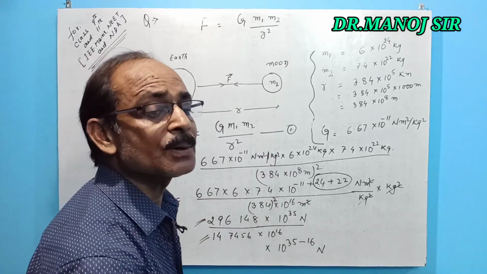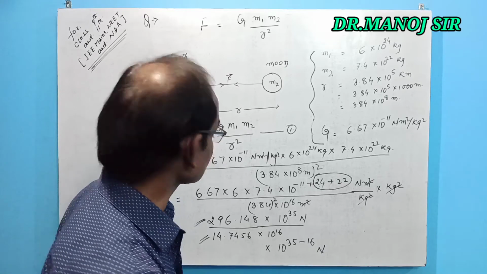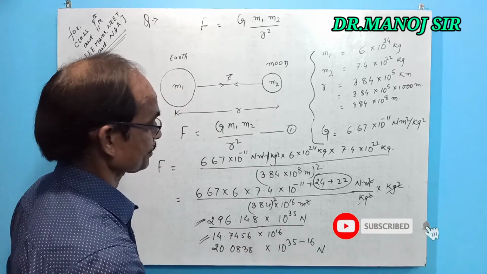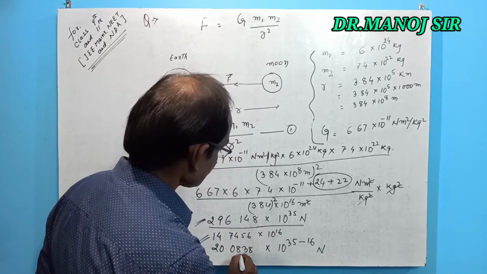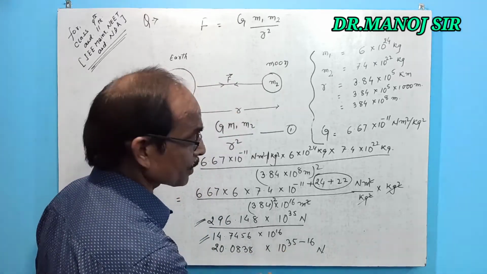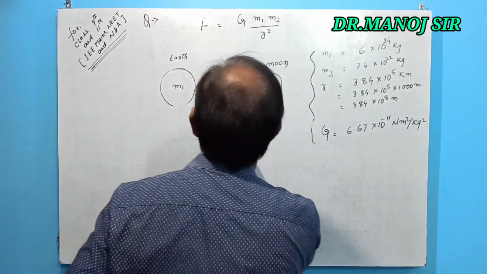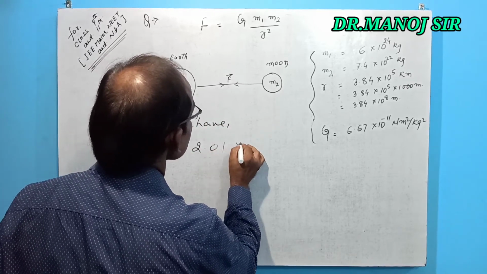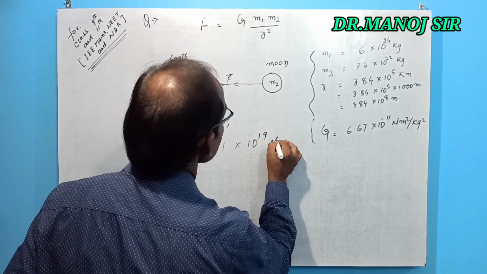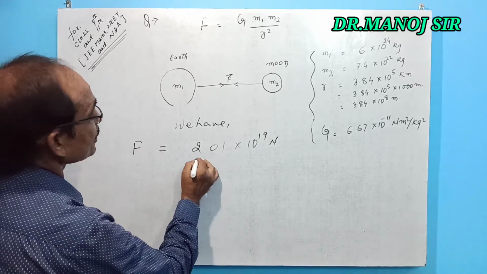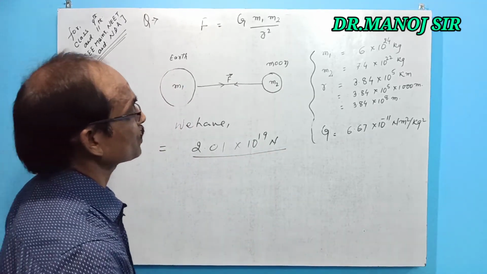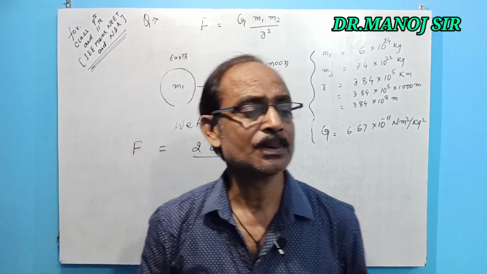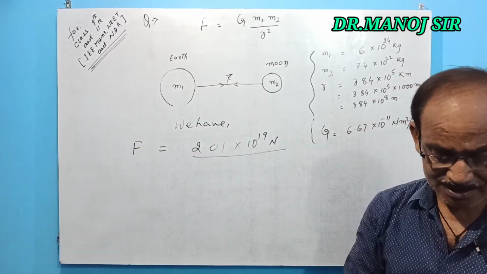This gives us 20.0838. When we solve this problem, we have 2.01 into 10 to the power 19, and this is the magnitude of force exerted by the earth on the moon to attract it towards its center.